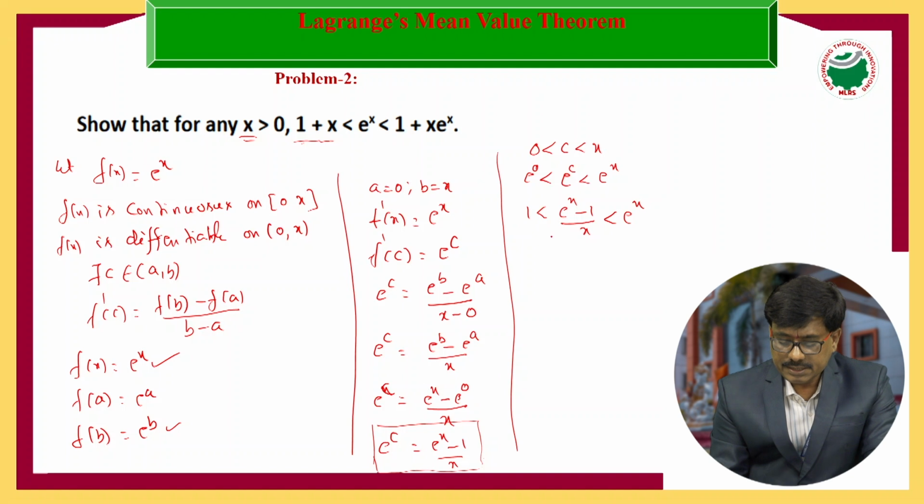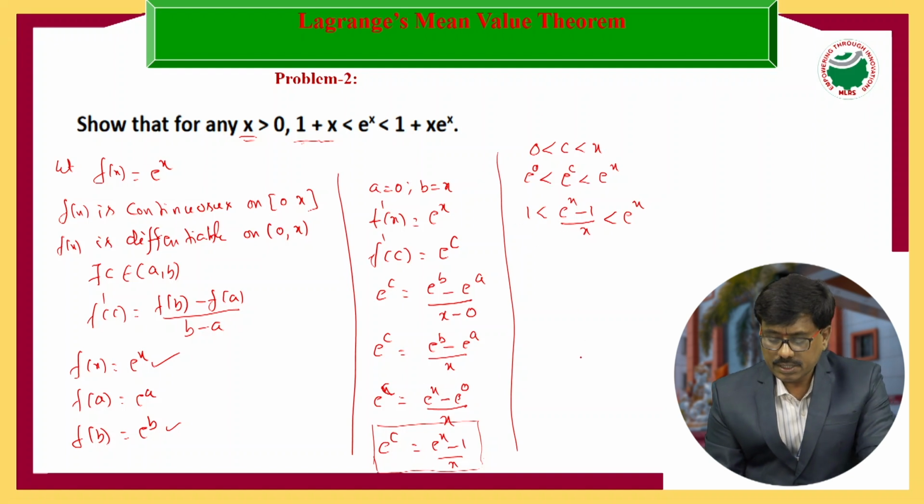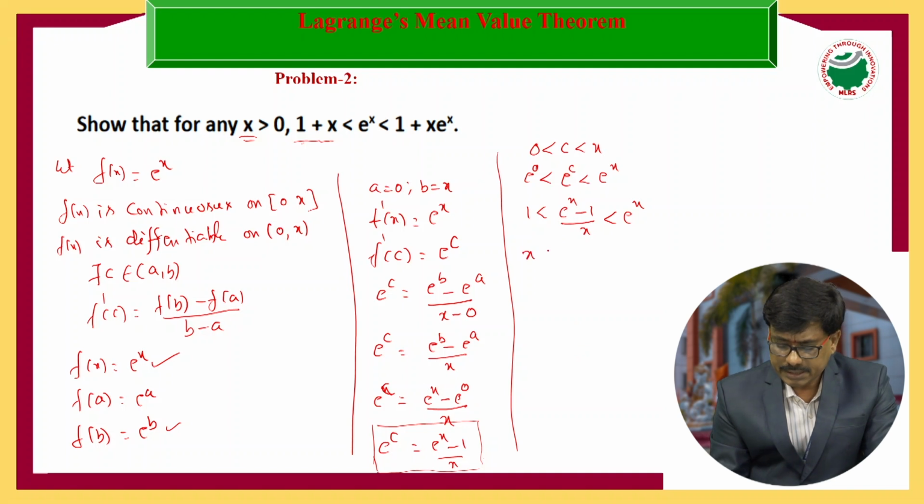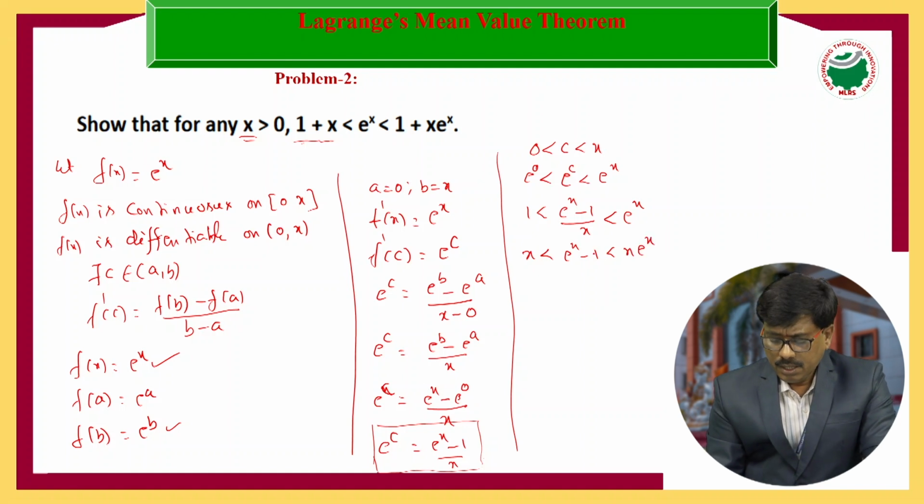Now I can multiply this inequality by x. What happens? x less than e power x minus 1 less than x e power x. Still we need to remove this minus 1, adding 1 to the inequality. This becomes 1 plus x less than e power x less than 1 plus x e power x.